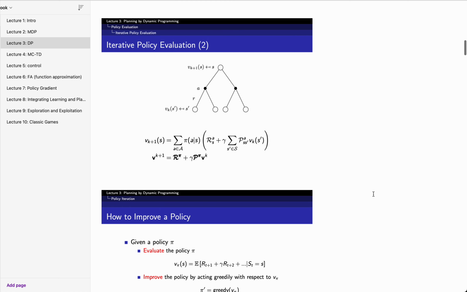Okay, so he's evaluating the policies. He knows the state value functions of each of the states. And then he would be able to find out which actions he's going to take, the optimum actions, by comparing the state value functions.